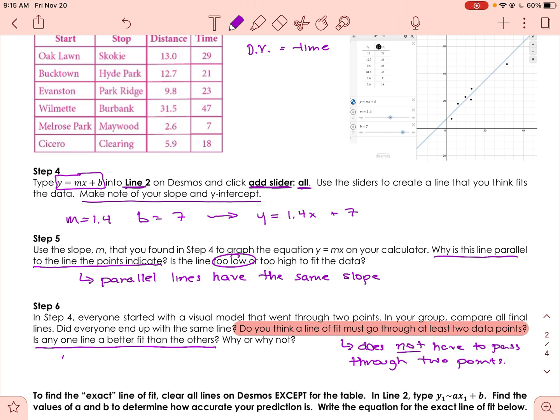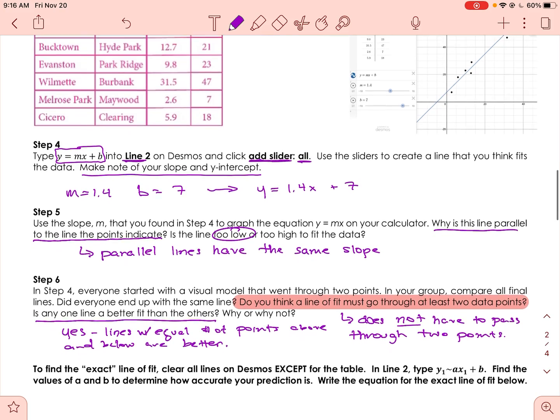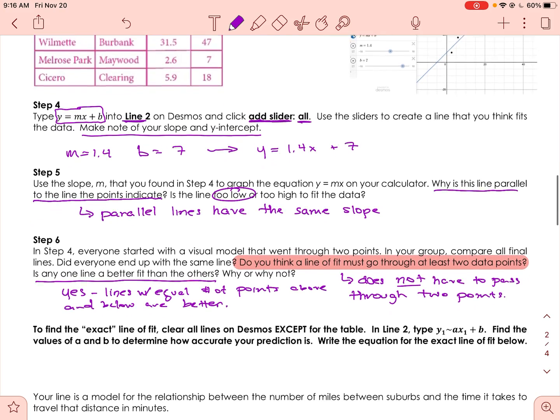So we'll say yes, lines with an equal number of points above and below are better. Now, I do want to tell you, there are going to be times when you cannot get an equal number of points above and below, okay? Sometimes it just does not happen. So do not worry about it if you cannot.